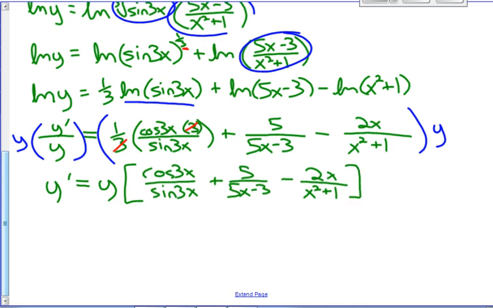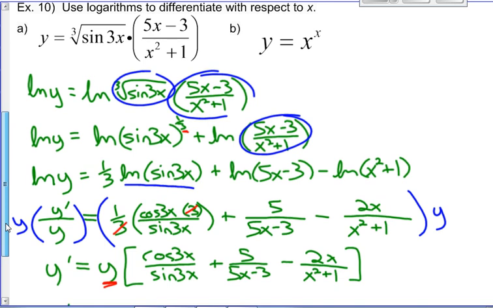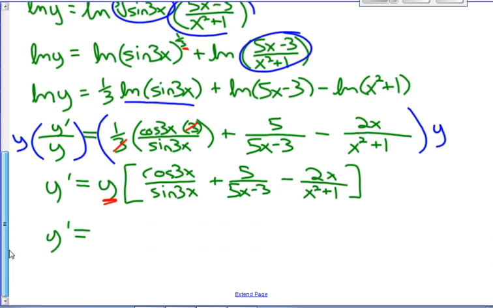And very lastly, we have this in terms of y. We kind of want to rewrite that y, so we have only x's to deal with. And in the very first step, the opening problem, it told us what y is. y is the cube root of sine 3x times 5x minus 3 over x squared plus 1. So I'm going to rewrite that in place of y here.